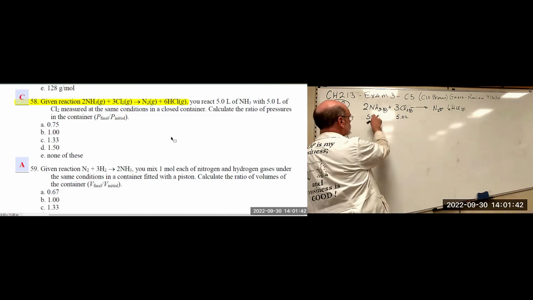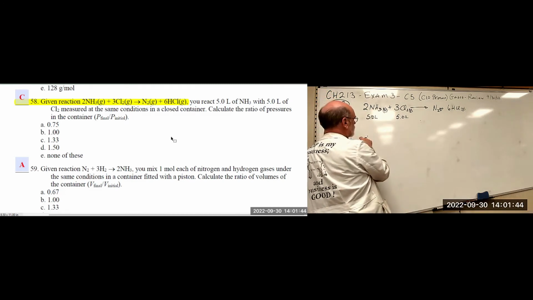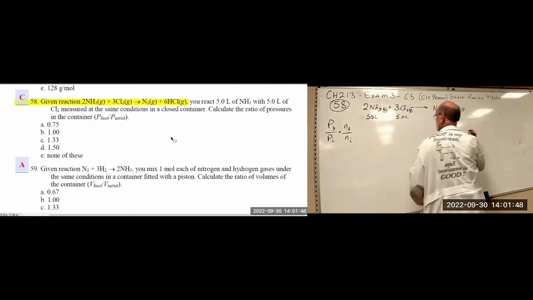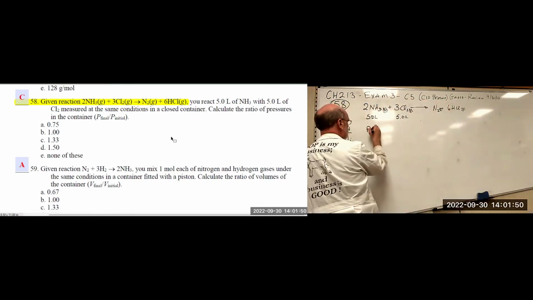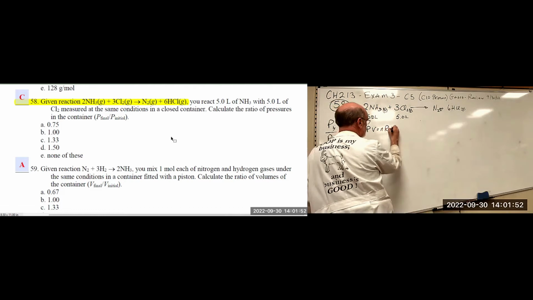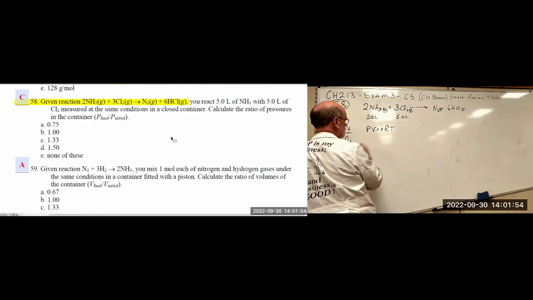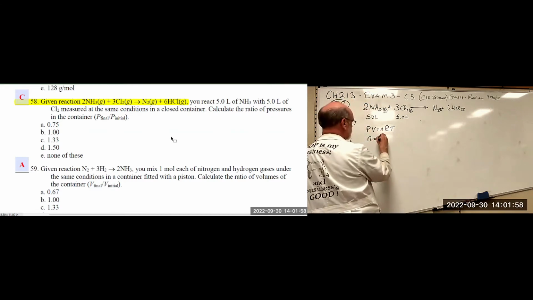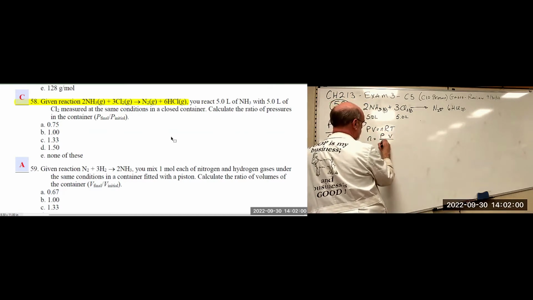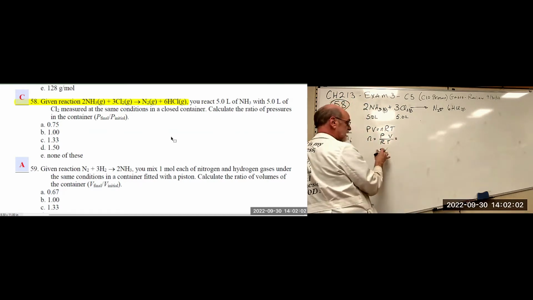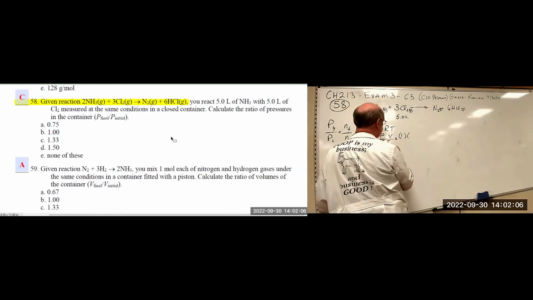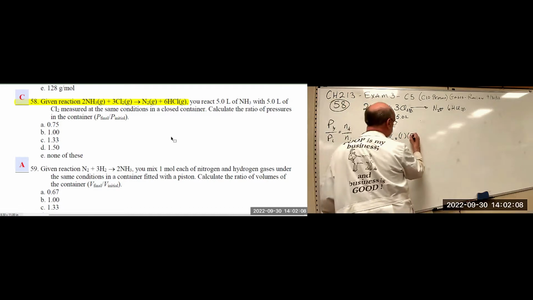So if we have 5 liters of ammonia, how many moles is that? Let's go ahead and do it here. PV equals nRT. So the number of moles is going to be PV over RT. And we pick the conditions. Pressure is 1 atmosphere. Volume is 5 liters.